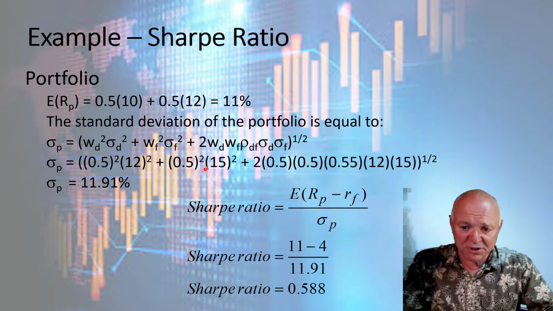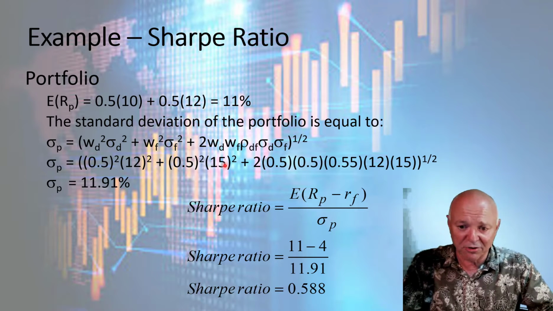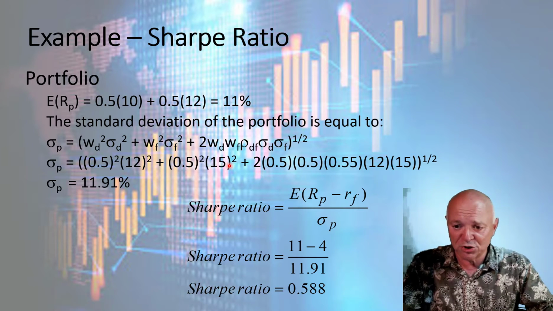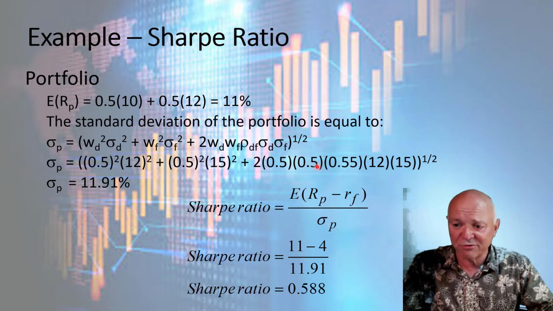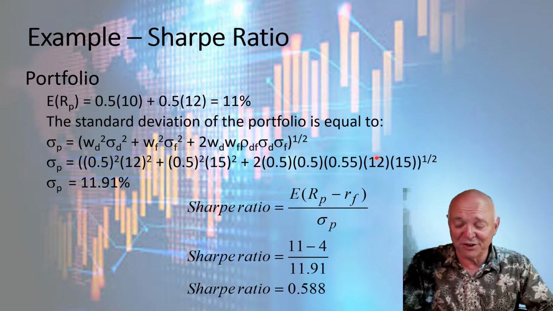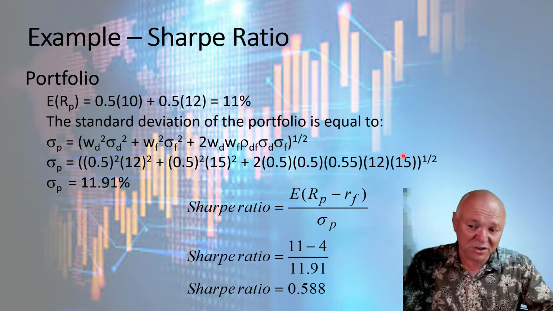We're going to take 50% from the international, or the foreign standard deviation at 15%. And then our correlation coefficient term is going to be 2 times the weight of domestic, the weight of foreign, the correlation coefficient of 0.55 times the standard deviation of the domestic and the standard deviation of the foreign. That gives us our volatility.